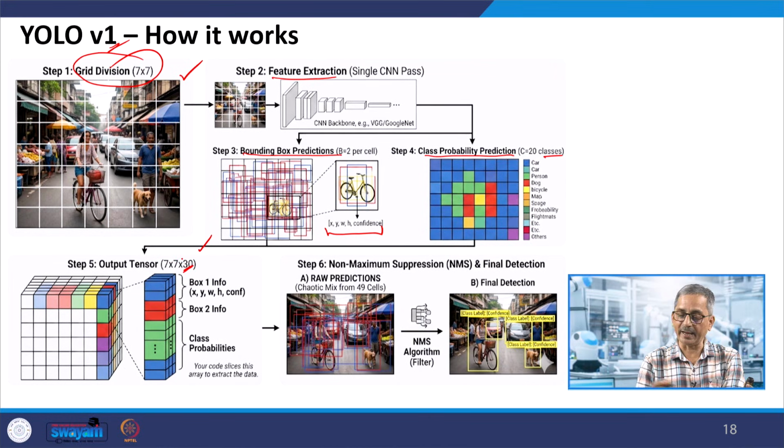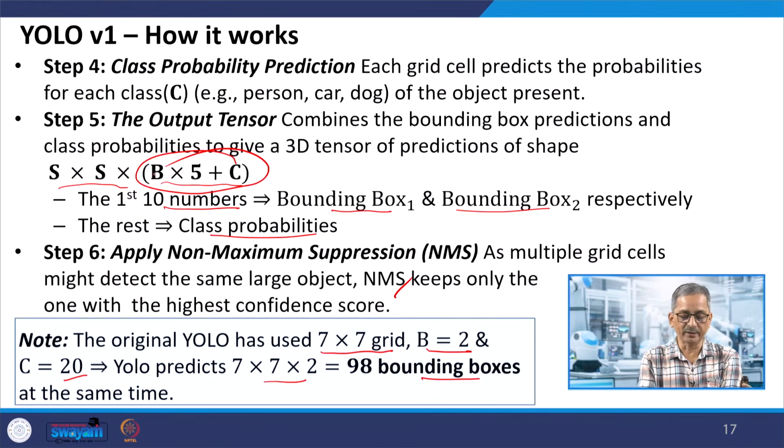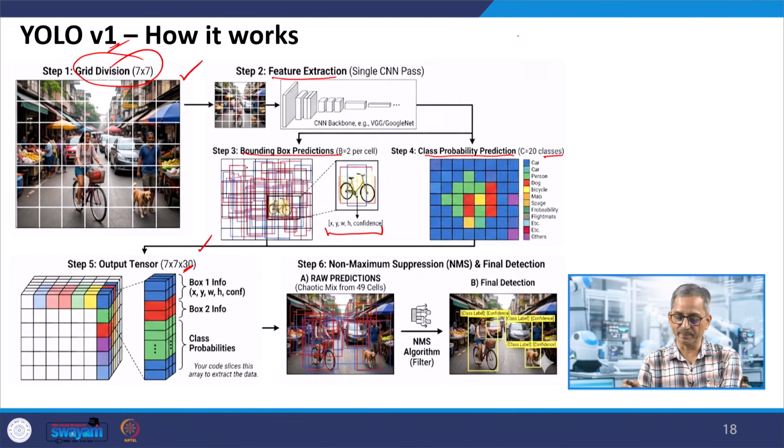How did this 30 come? We have the 20 classes and the 2 boxes, so 2 × 5 + 20, that number is 30. And here you see the initial 5 is for the box 1 information, then the next 5 are for box 2 and the others are the class probabilities.